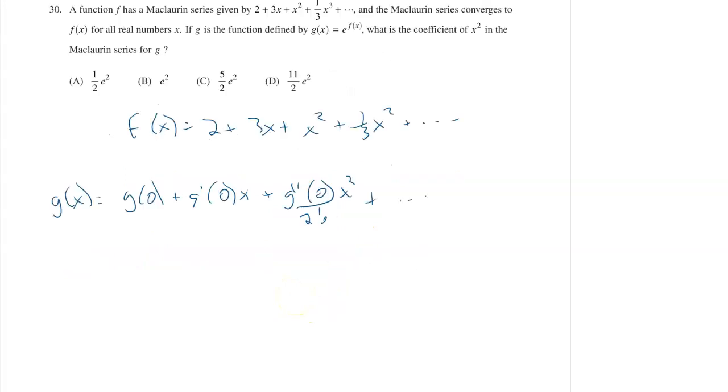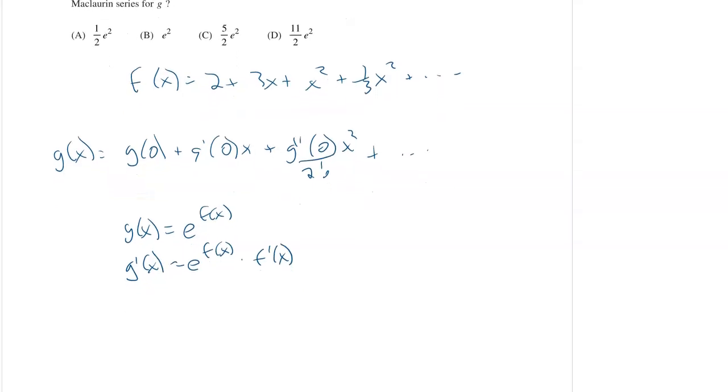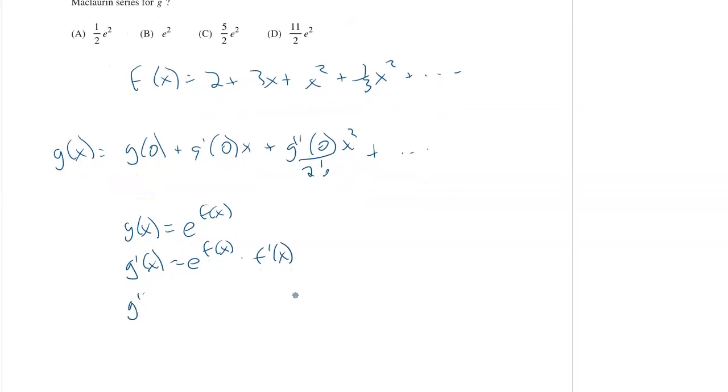So they gave me a lot of room. So g of x is e to the f of x. So g prime of x is e to the f of x times f prime of x, product rule and chain rule. So g double prime of x is first times derivative of the second plus the second times the derivative of the first, which is just this thing again.